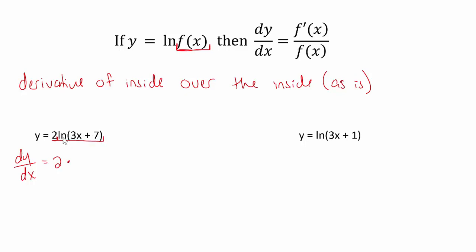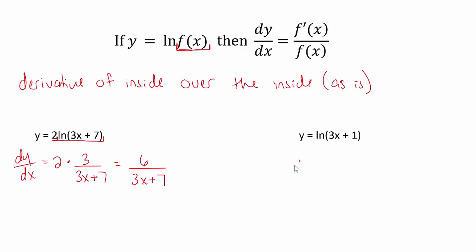And so the derivative of natural log is going to be the derivative of the inside. So the derivative of 3x plus 7 is 3 over the inside the way you see it. And then, of course, I can simplify that. 2 times 3 is 6 over 3x plus 7. And that's your derivative. That's all there is to it, okay?